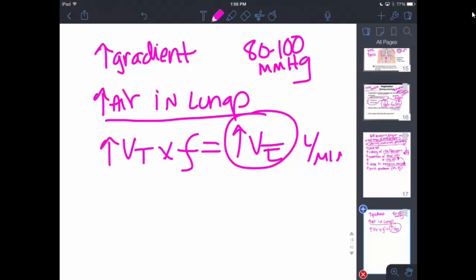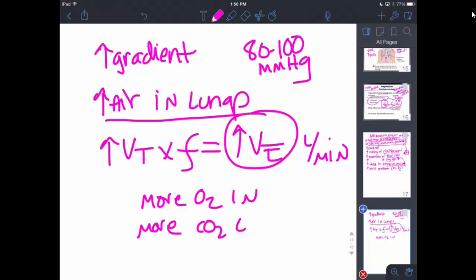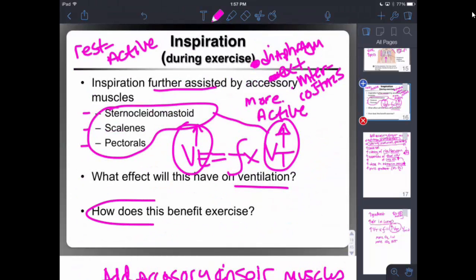So more air is going to come into the lungs per minute, which means that you're going to have more oxygen coming in, and you're going to have more CO2 being removed. And this is going to help you during exercise, because that's a time when you need to bring more air in and at a faster rate, and because you need to bring in more oxygen and you need to get rid of more CO2. Okay? So that's inspiration during exercise.